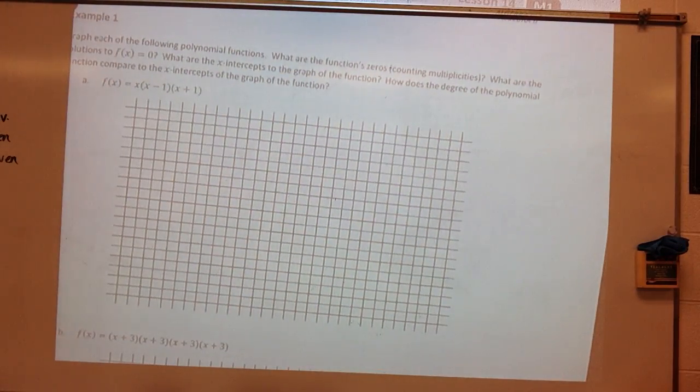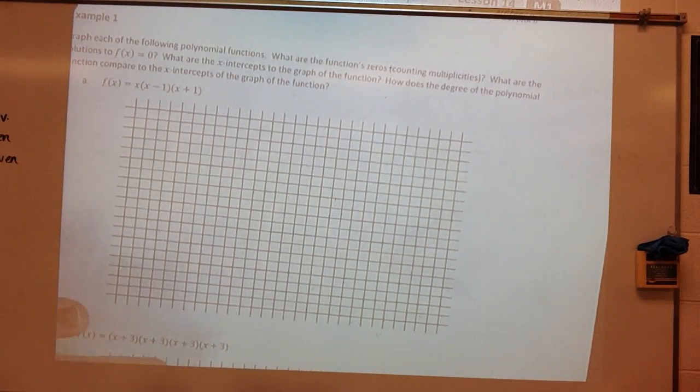Graph each of the following polynomial functions. What are the function's zeros, counting multiplicities? What are the solutions of f of x equals 0? What are the x-intercepts of the graph of the function? How does the degree of the polynomial function compare to the x-intercepts of the graph of the function? Alright, so we have a lot to look at.